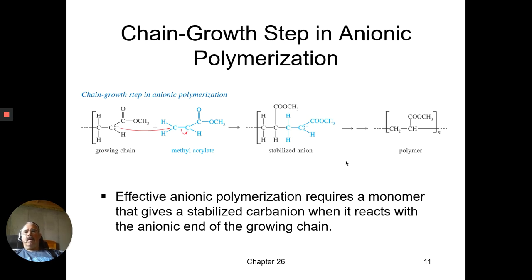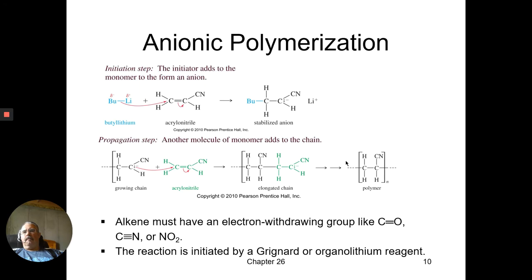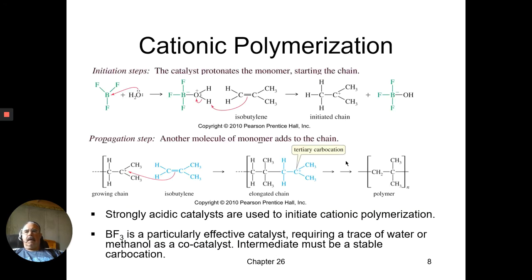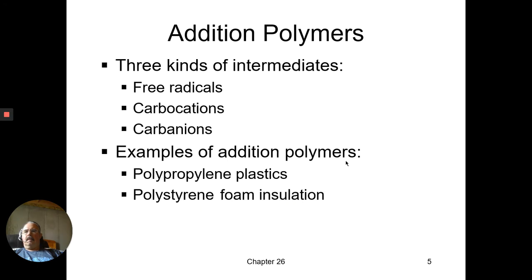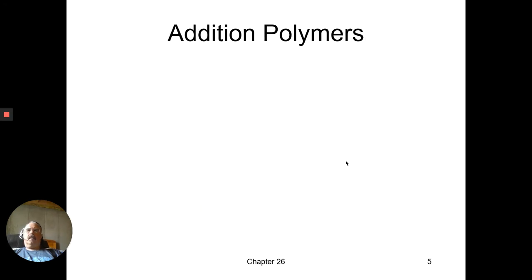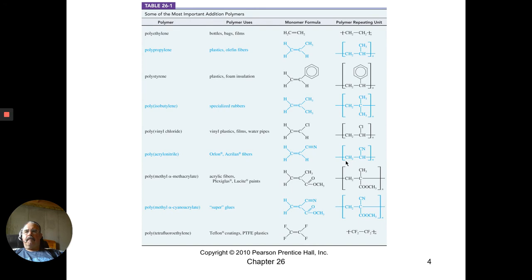Okay, I might mention one other anionic polymer, and that is, going back here, polymethyl alpha cyanoacrylate. Okay, that is the monomer in superglue.